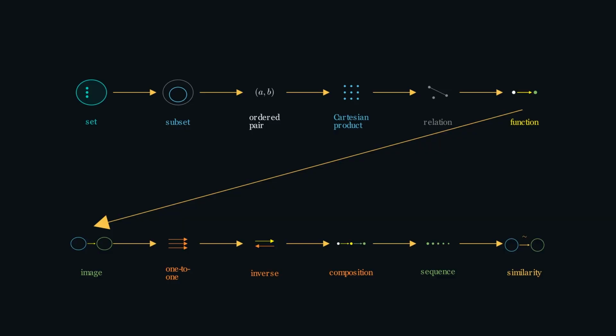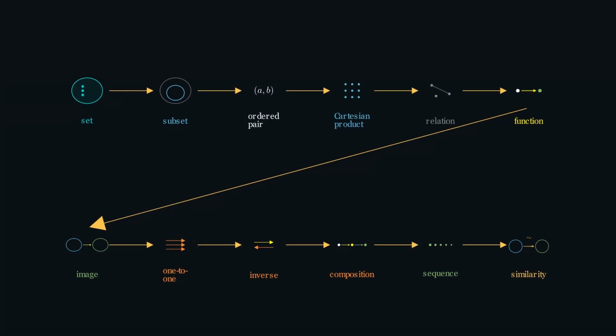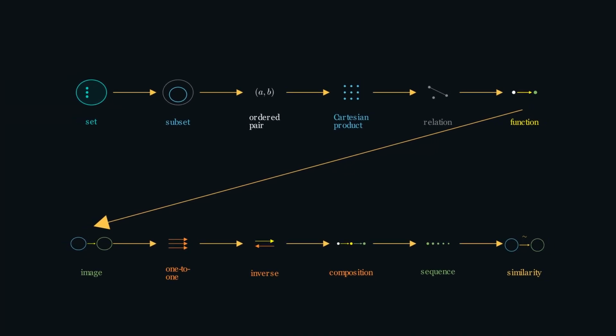Similarity is reflexive, symmetric, and transitive, an equivalence relation. It gives us a precise way to say two sets have the same size. If any of these ideas felt abstract or difficult, that is completely normal. These are ideas that took the greatest mathematicians generations to formalize. The fact that you followed them here means you are on to something too.